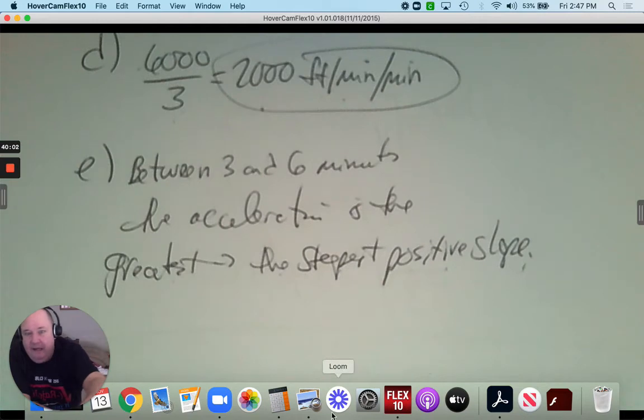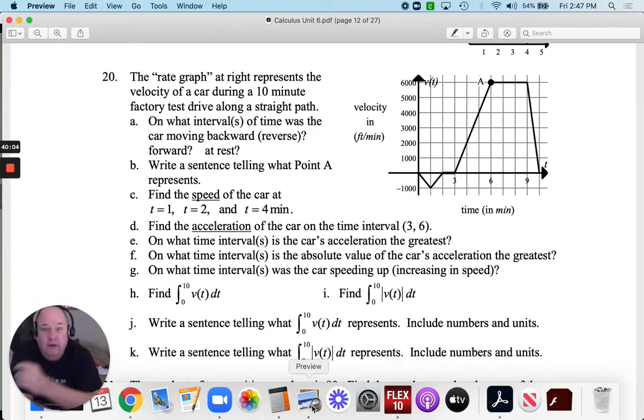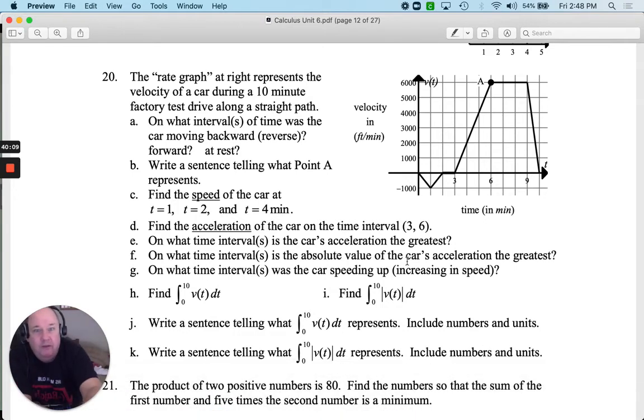For F, on what interval is the absolute value of the car's acceleration the greatest? Now when it says absolute value, the steepest spot, you take the negative slope and it becomes positive.